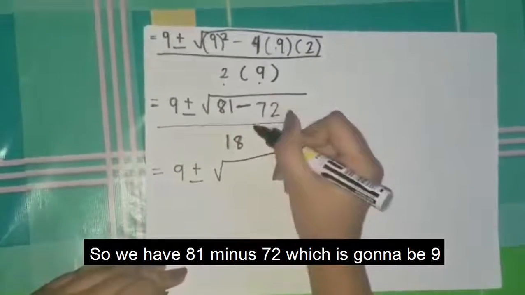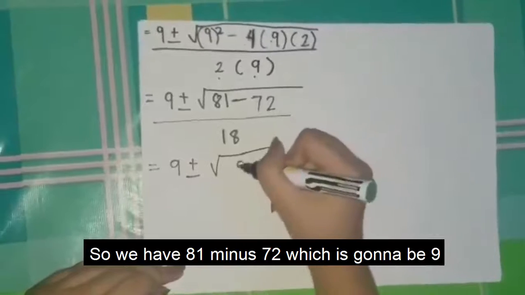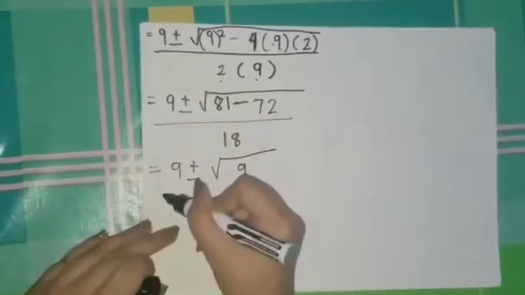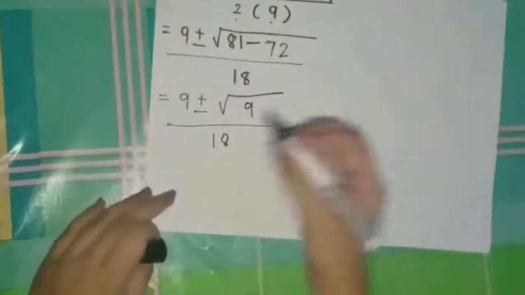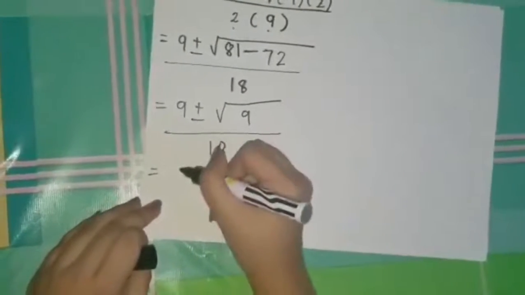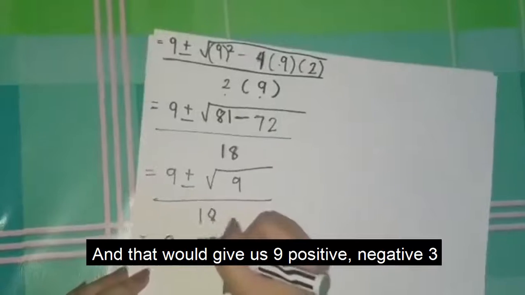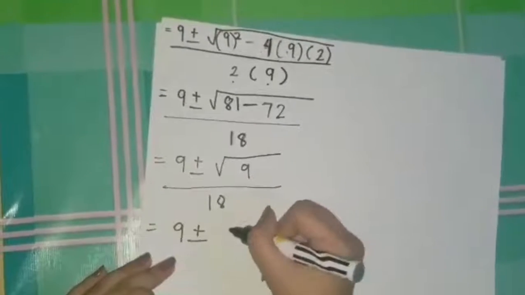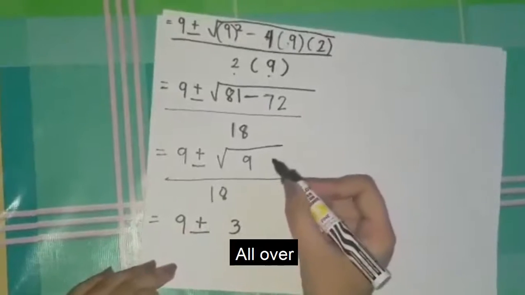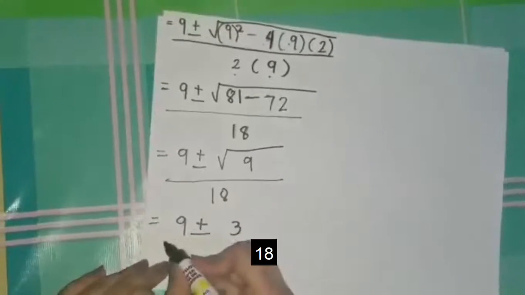So we have 81 minus 72, which is going to be 9, all over 18. And that would give us 9 plus or minus 3 all over 18.